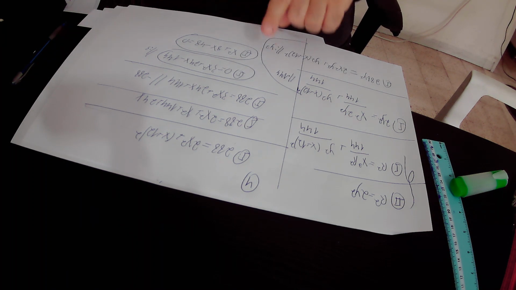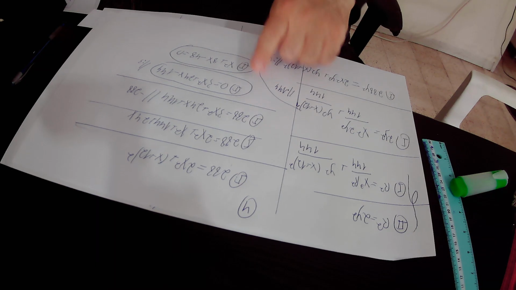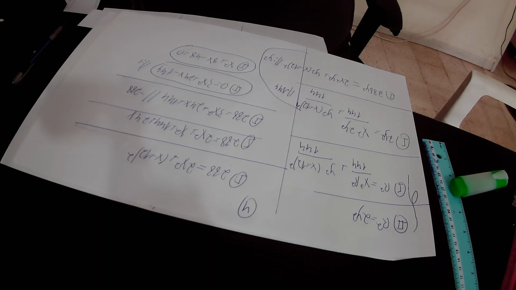So we subtracted 288 from equation 1, and found that 288 minus 288 is 0, and on the other side of the equation we have 3x squared plus 24x, and 144 minus 288 is minus 144.